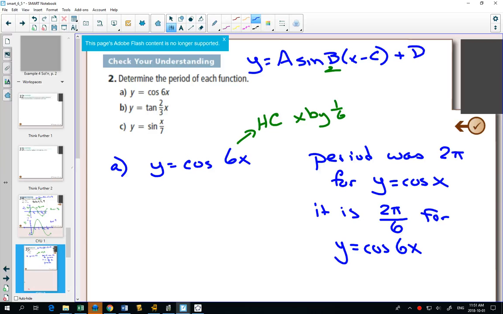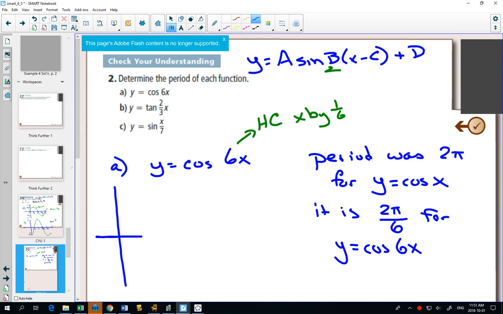Okay? We're going to learn and highlight at the bottom of the page our formula for the period of sine and cos and tan. For each of these, we are going to graph. So I'm going to start introducing you a little bit to the shortcut for graphing these.